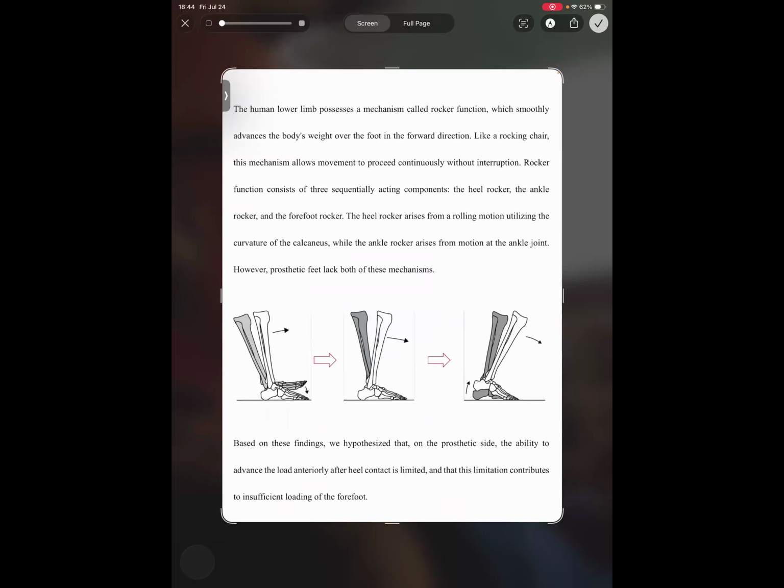When you're talking about anatomy, I would say anterior and posterior are the terms.